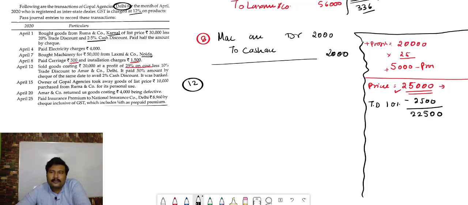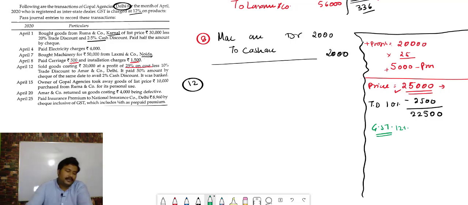Now we are done with the trade discount. Now charge the GST on that. GST at the rate of 12%. How will it become? 22,500, 12%. Calculate it. How much GST will it be, bacha?